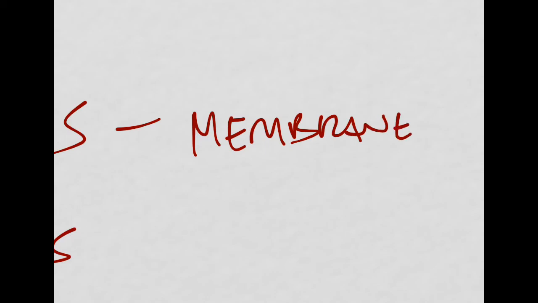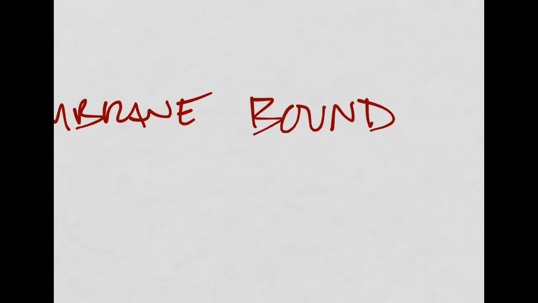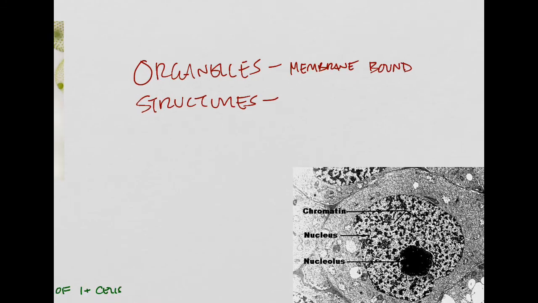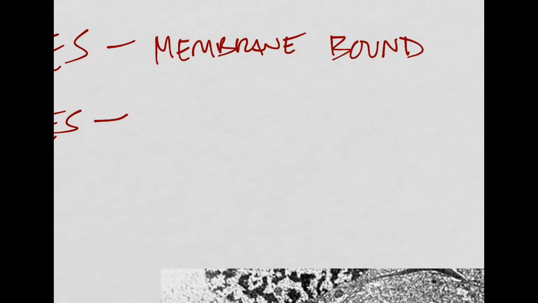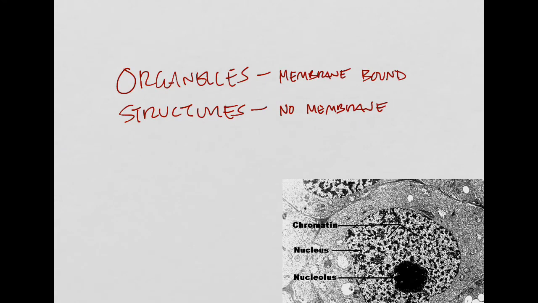Okay, so they have a membrane around them. Whereas structures don't have a membrane around them. So they're just made up of either a combination or one of the big four, and they still have a significant role to play in a cell, but they're not associated with any sort of membrane. And we'll quickly figure out which ones are organelles versus those that are just structures.